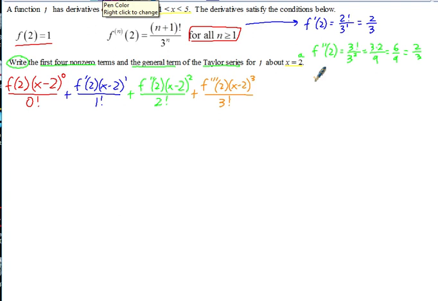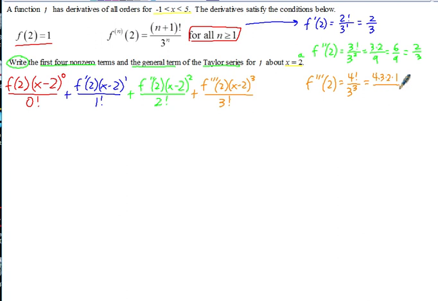F triple prime of 2, following that same pattern. This time n is 3, so it would be 3 plus 1, which is 4 factorial, divided by 3 to the n, which is 3, so 3 to the third. So 4 factorial, 4 times 3 times 2 times 1.